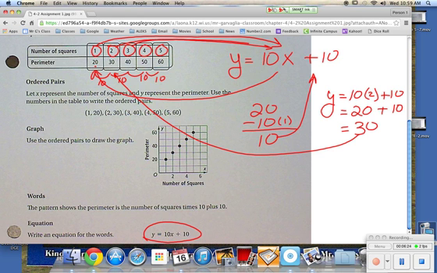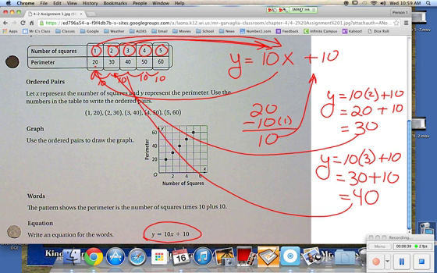Let's put 3 into this then. Y equals 10 times 3 plus 10, which would equal 30 plus 10, which would equal 40. Happens to be, that's our answer. That's our result.